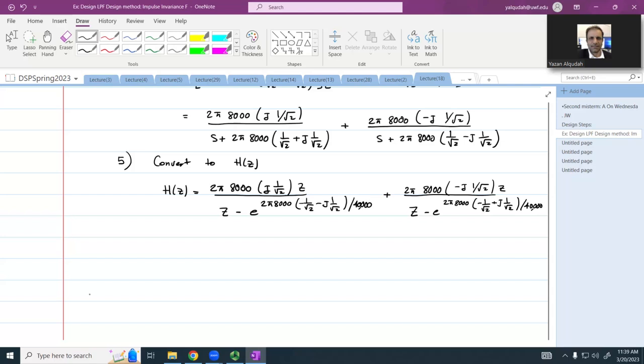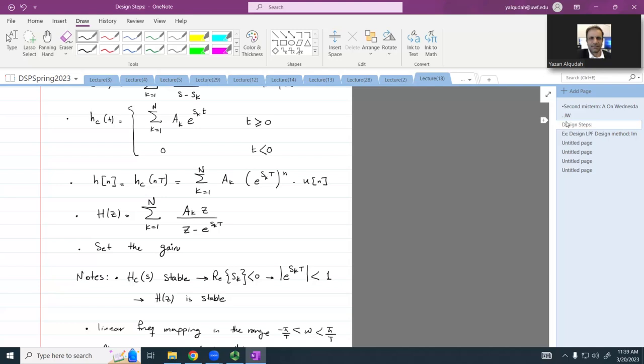Again, this is all coming directly. It's overwhelming when you look at it here, but it's straightforward when you see it here. I can write Hc of t directly as Ak e to the sk t, and then I can take the H of z of this directly. This is just a constant to the power of n. It's going to be z over z minus the exponential of that constant.